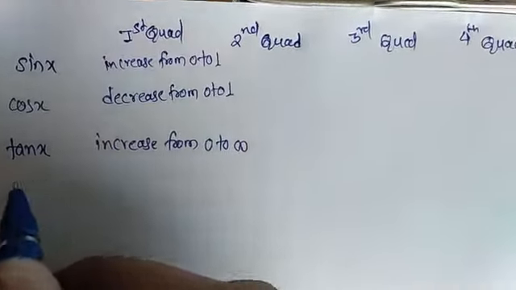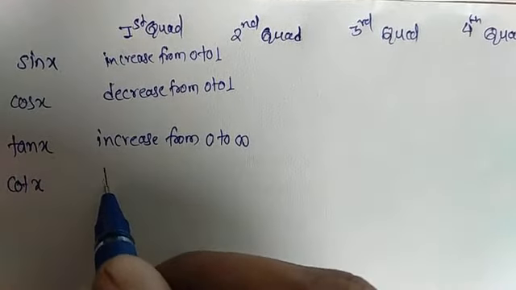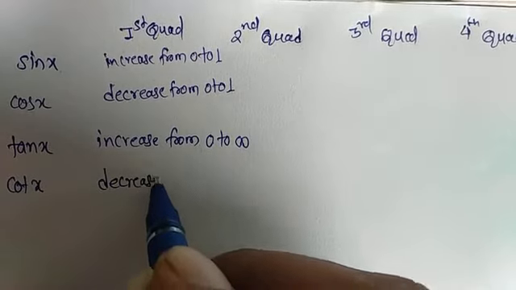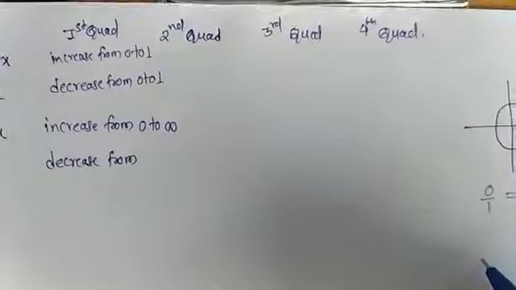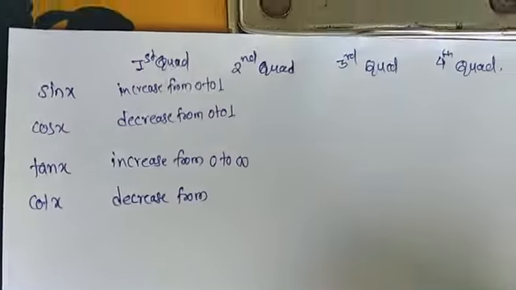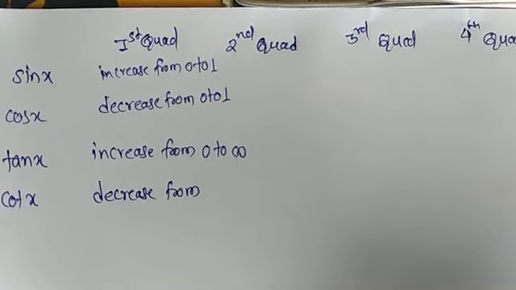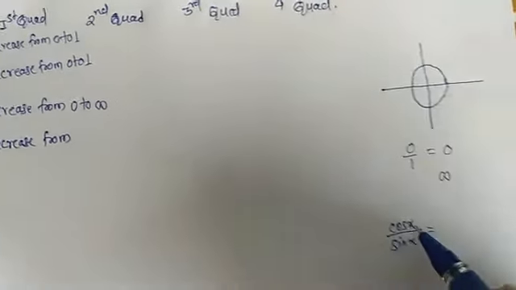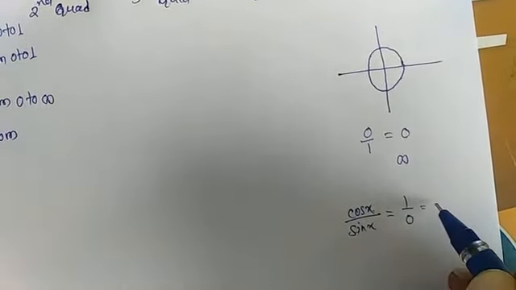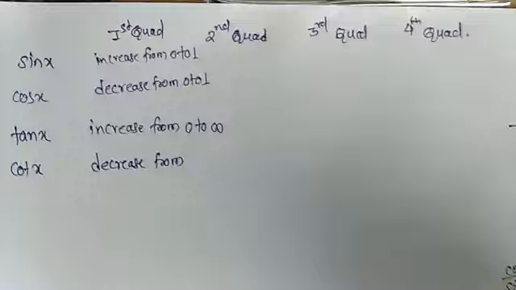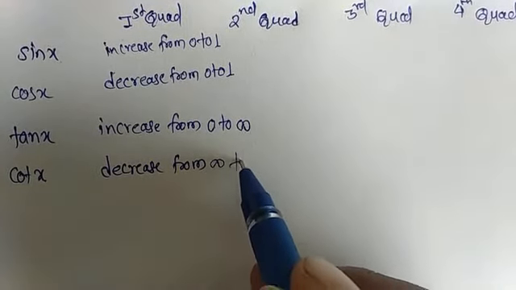Okay, cot x decreases. For cot x is cos x upon sin x, for cos 0 it is 1 and for sin 0 it is 0, so 1 upon 0 is infinity, so you can say that it decreases from infinity to 0.